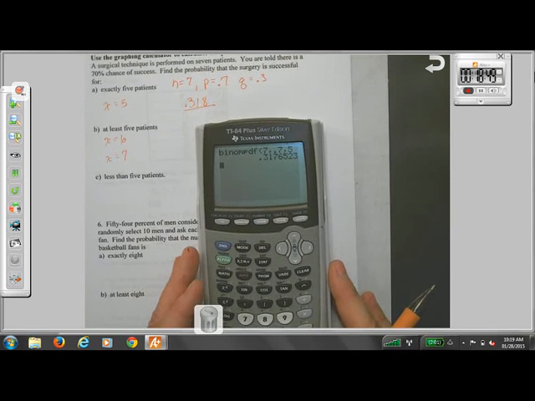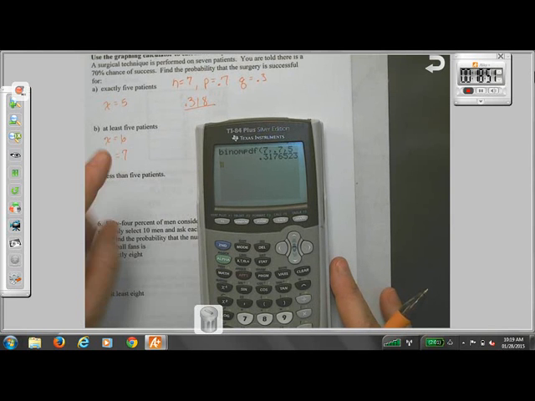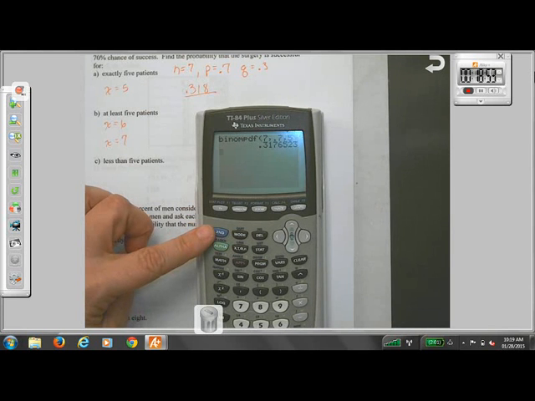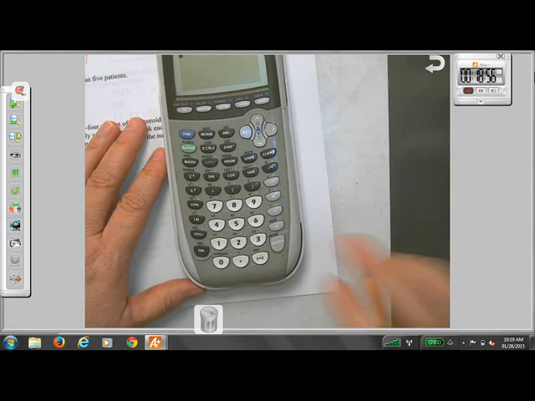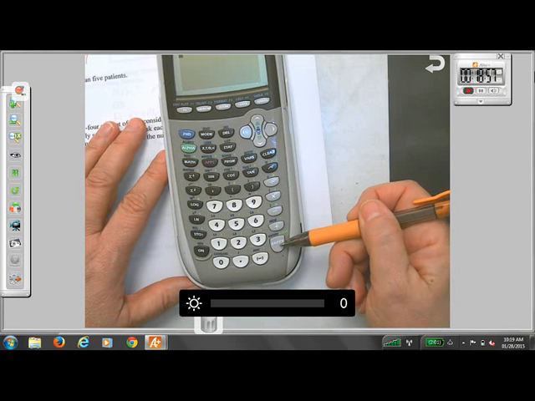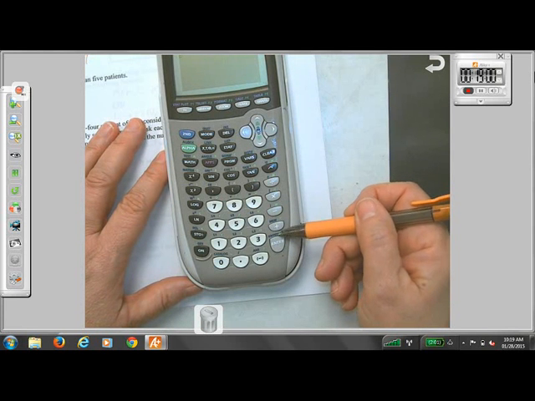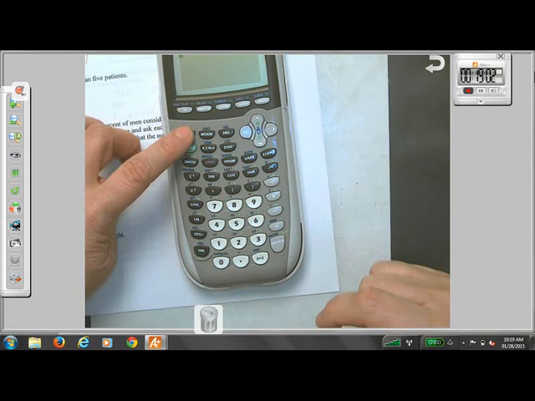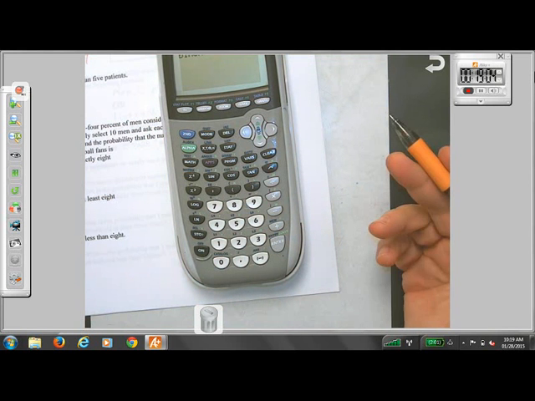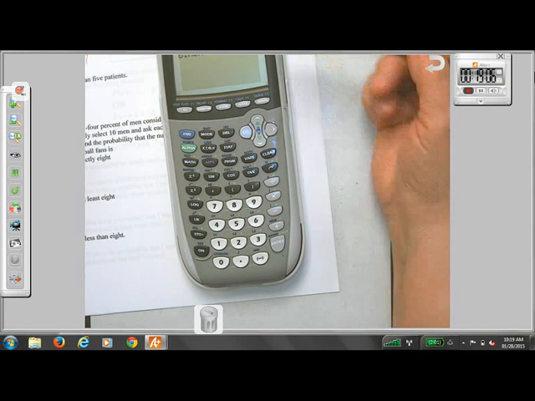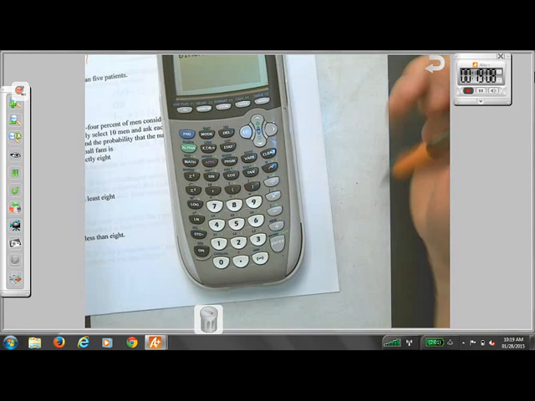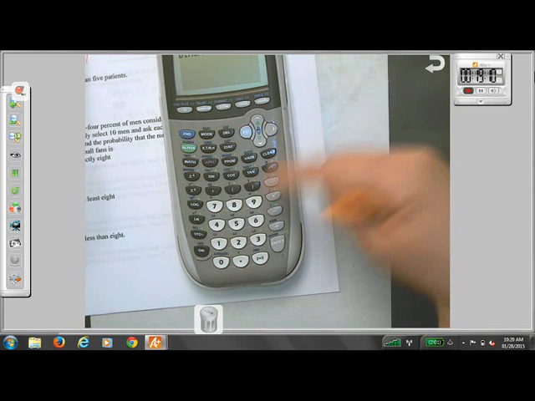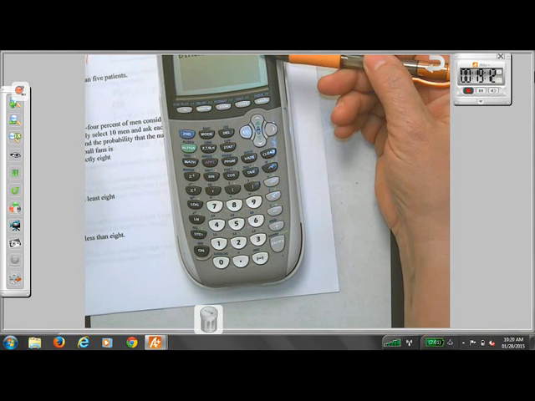Now, I will tell you, if you know how the calculator works, you can do an entry over again. I'm trying to point down here to above the enter key is an entry. So I can go second and enter, and I'm putting the whole function back in. But instead of 5, I need to arrow over and change that to 6. So all I did was change the X to 6.